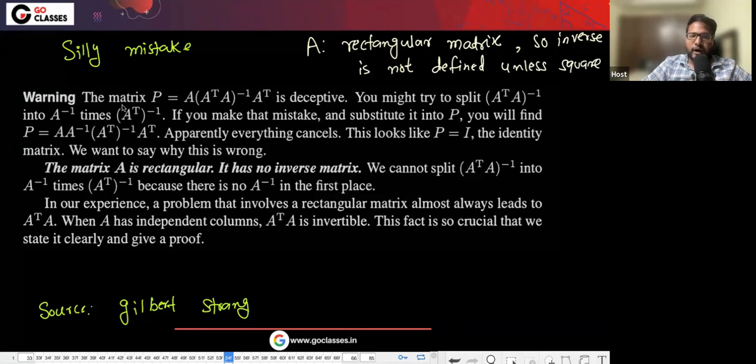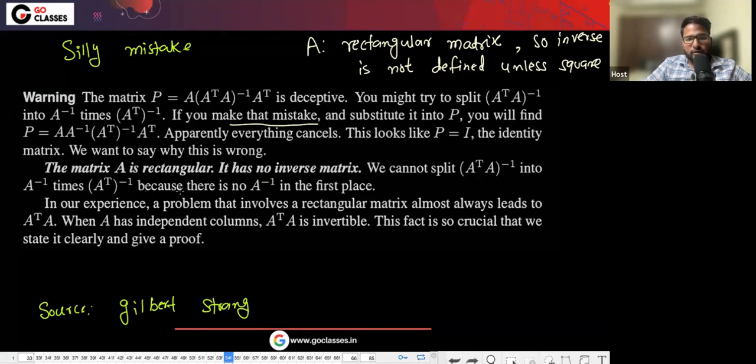So if you try to open up this inverse, you may try to split this, make that mistake, and substitute it into P, and you will think it is the identity matrix. A is rectangular, it has no inverse. We cannot split this.